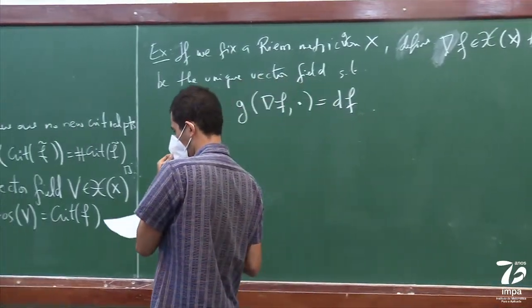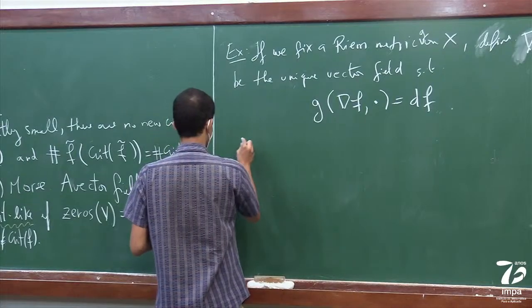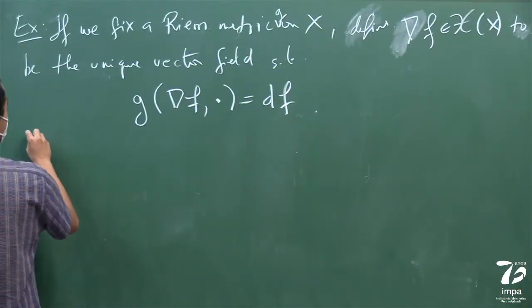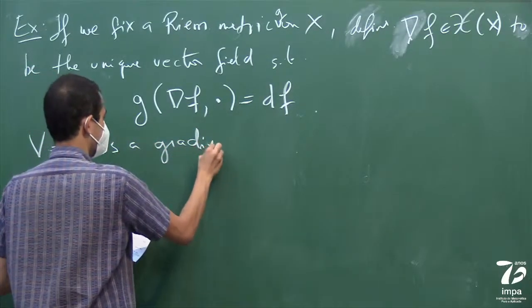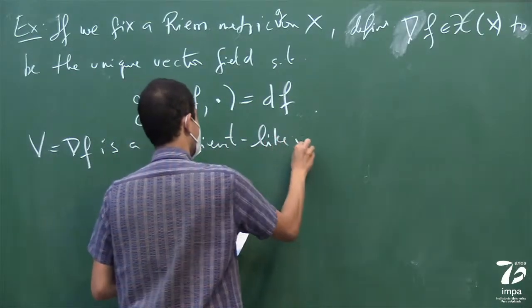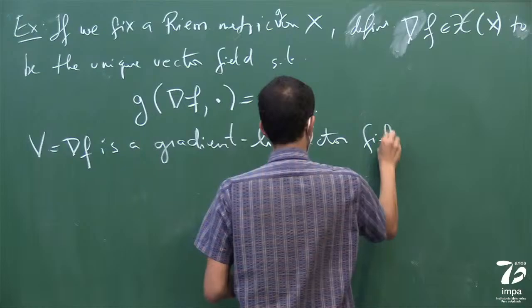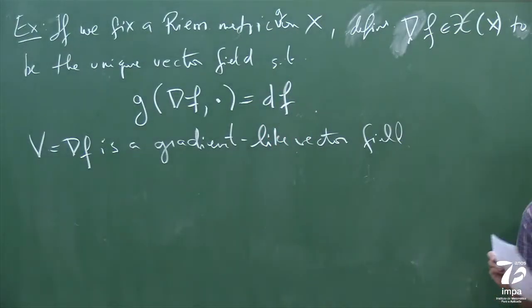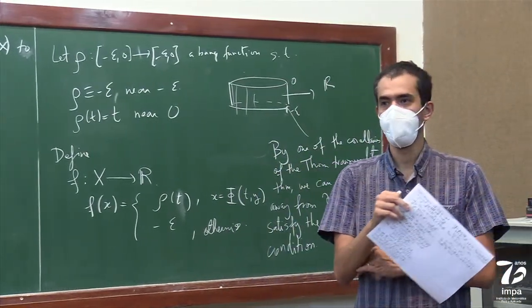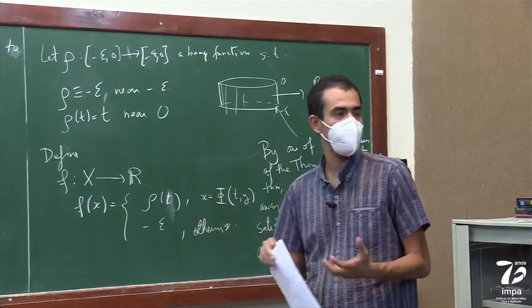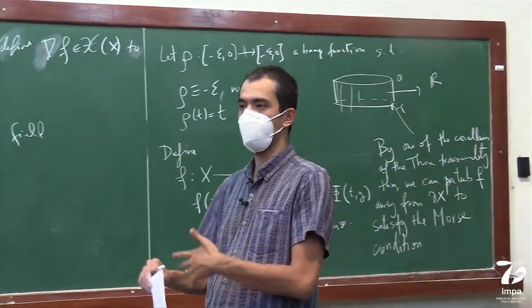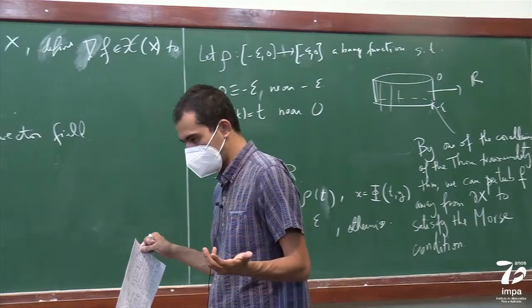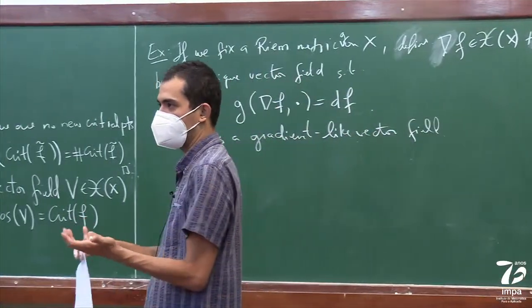So the gradient is, obviously, a gradient-like vector field. But there's a lot more flexibility in the set of gradient-like vector fields than gradients, because if you just want to look at gradients, you have to change the metric. If you can use any gradient-like vector field, you can look at the Morse function and find nice vector fields appropriate to it.